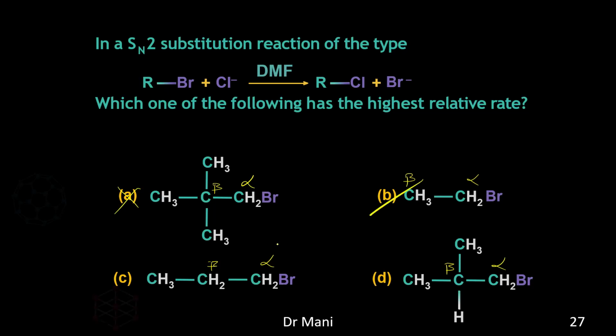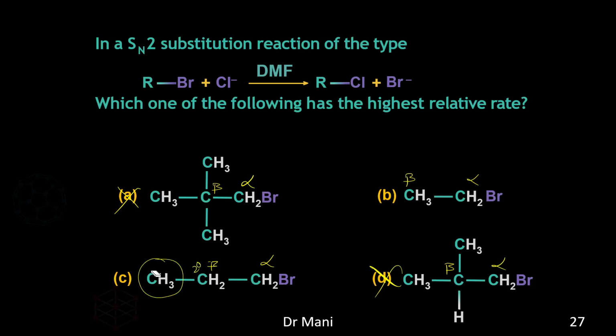Okay, let's keep this aside. It's a primary carbon, so it doesn't have any hindrance. This one also has a bulky group, so it will have more hindrance. Between option B and C, which one should we choose? Here it is secondary, here it is primary.